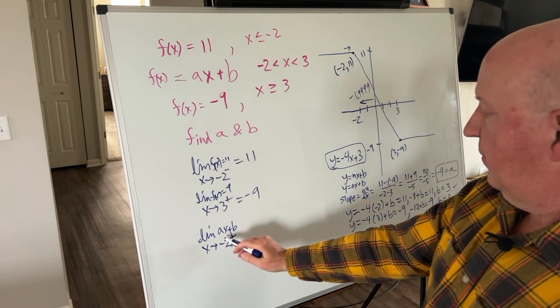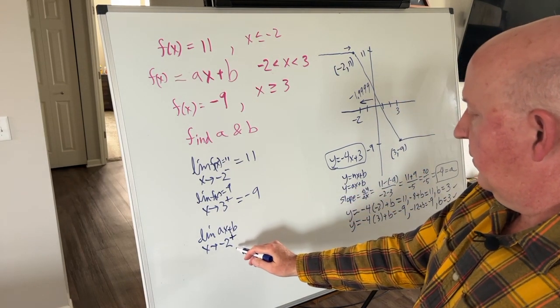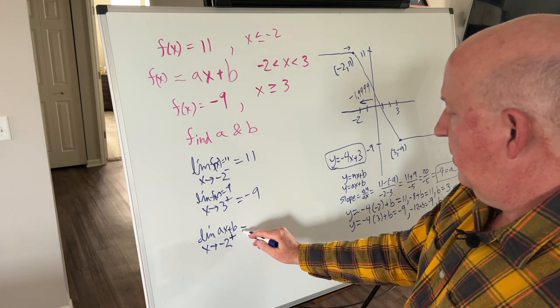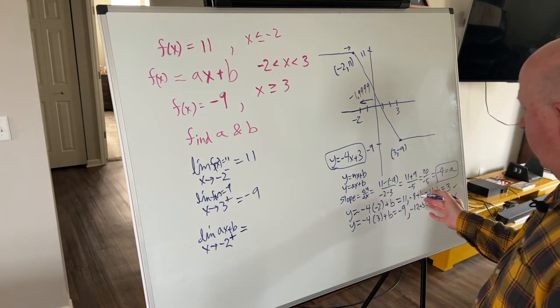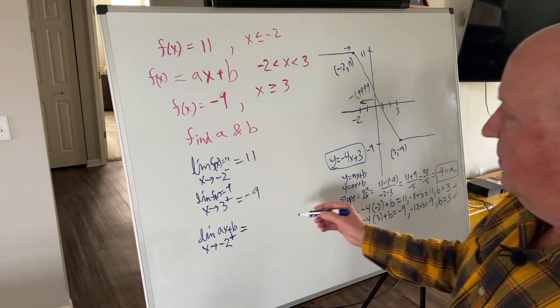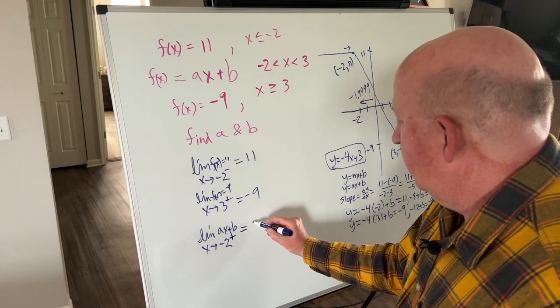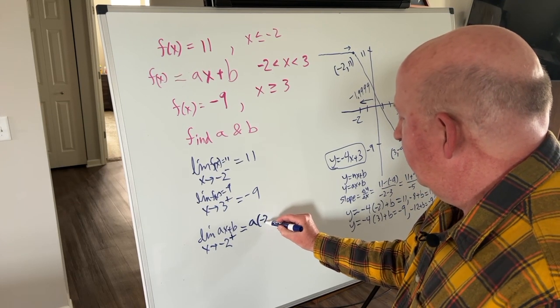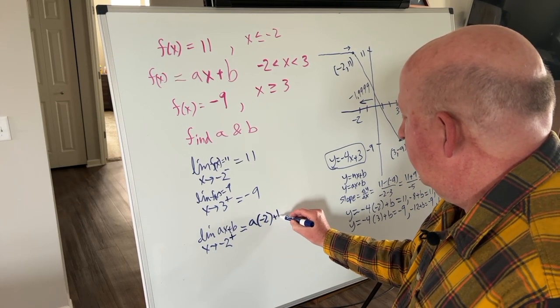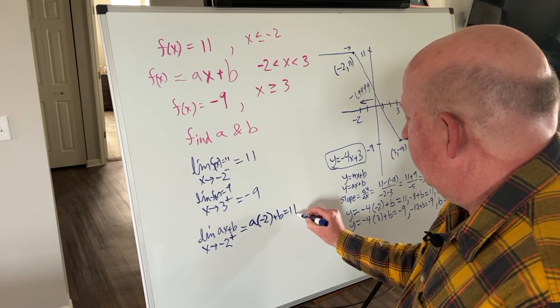So the limit of this function as x approaches negative 2 is essentially the same thing as you do here. So it equals a times negative 2 plus b equals 11.